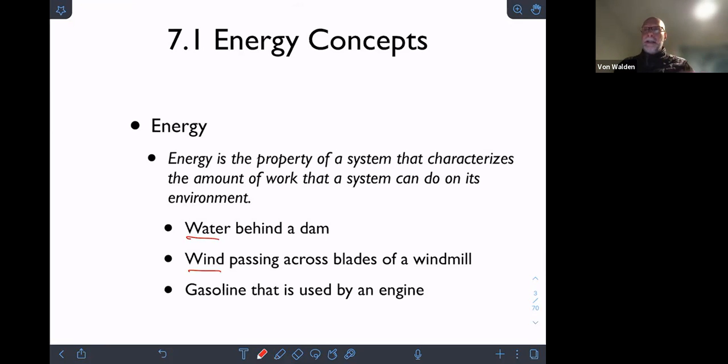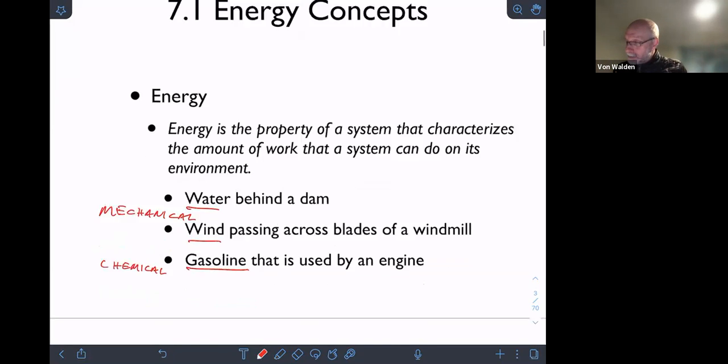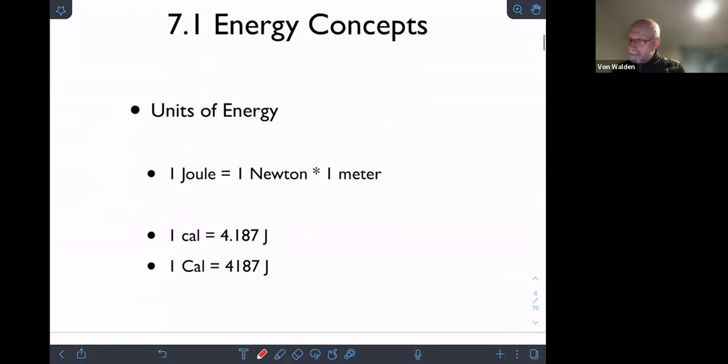The mass of the air can make the blades of the windmill turn aerodynamically and also produce electricity. Now, gasoline, on the other hand, used by a combustion engine, is really chemical energy. So these are forms of mechanical energy up here, gravitational and kinetic, really. And this is really chemical energy. We're really breaking the bonds of the gasoline and using that to drive a piston.